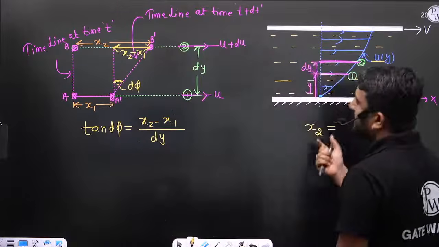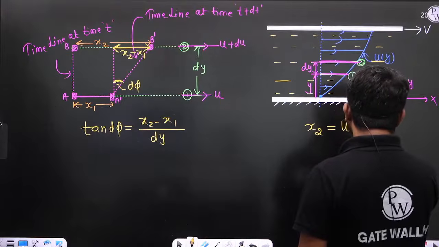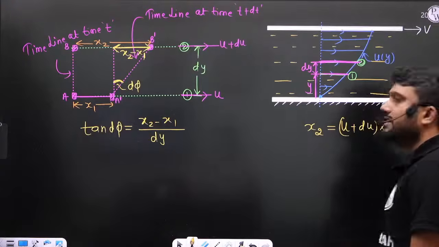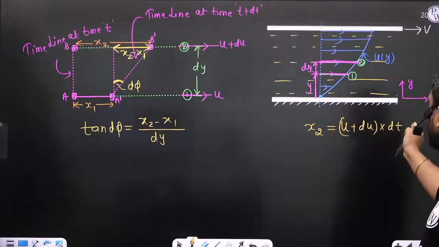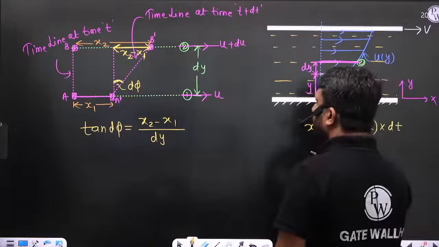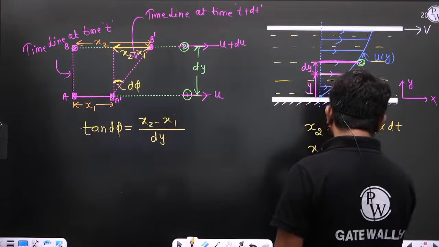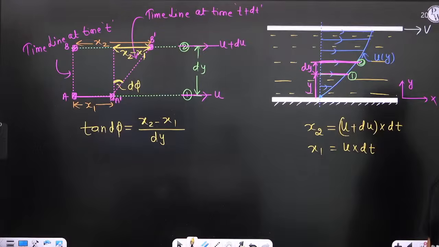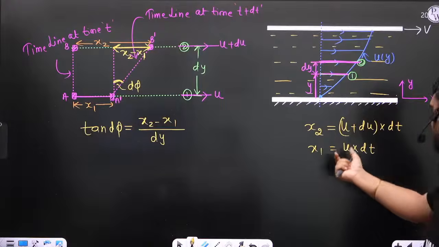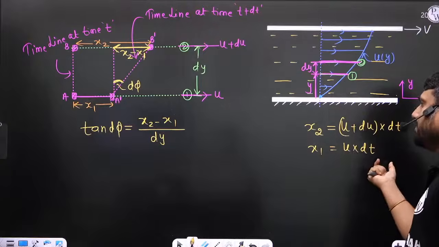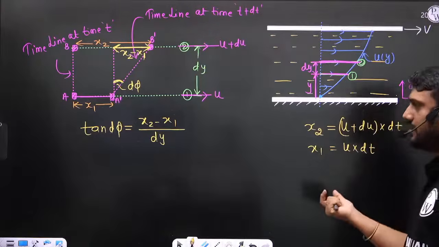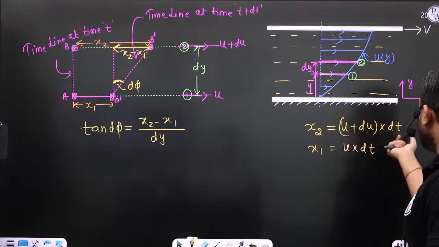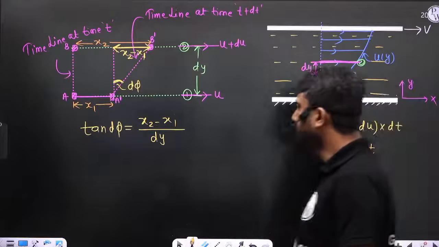So x2 is equal to u plus du into dt. And x1 is equal to u multiplied by dt, right? Distance is equal to velocity multiplied by time, since velocity is distance per unit time. So x2 is u plus du into dt and x1 is u into dt.